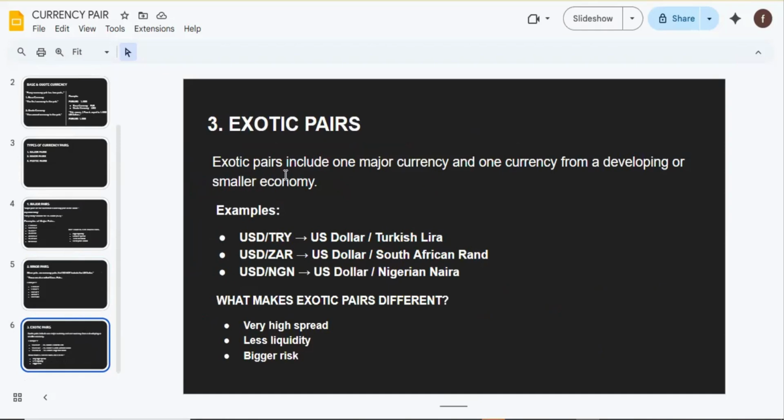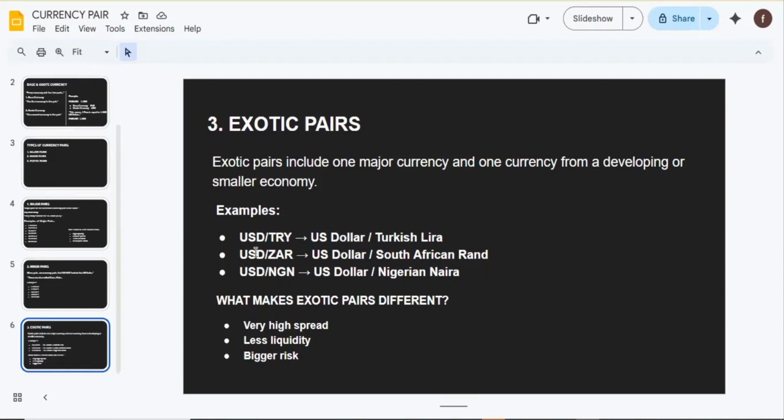Now exotic pairs. Exotic pairs include one major currency and one currency from a developing or smaller economy. For example, we have USD TRY, which is US dollar Turkish lira. We have USD ZAR, which is US dollar South African rand. And we have USD NGN, which is US dollar Nigerian naira.